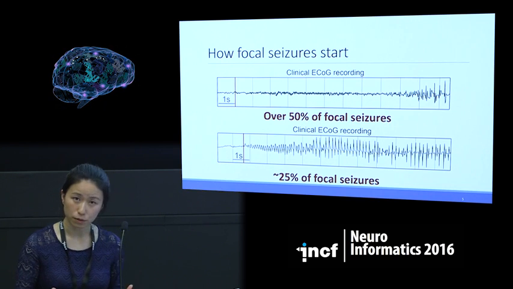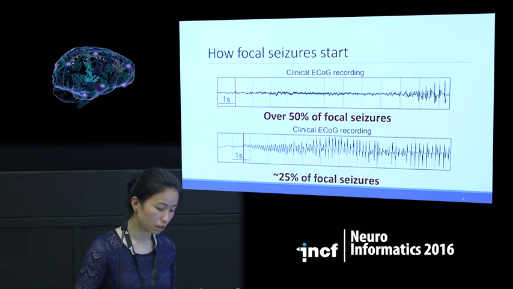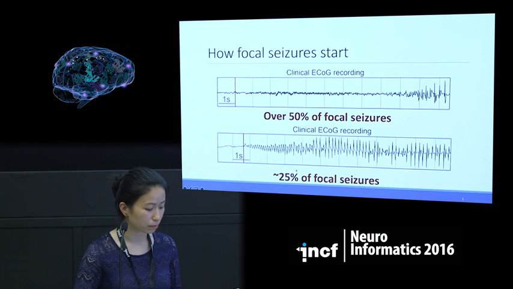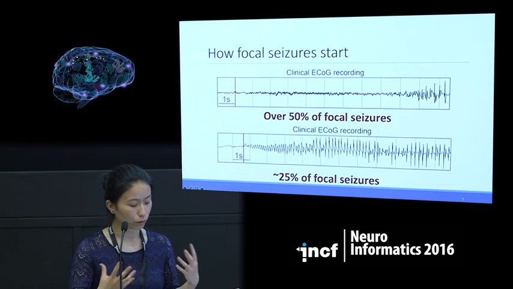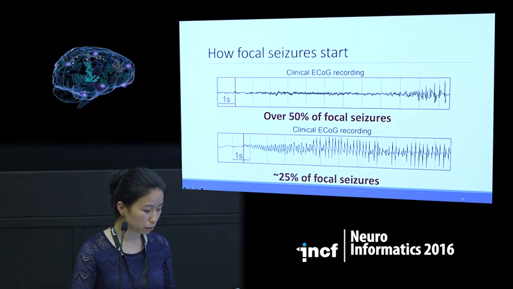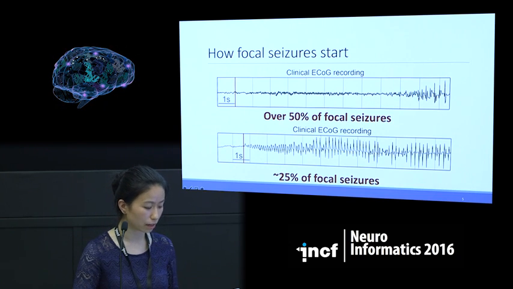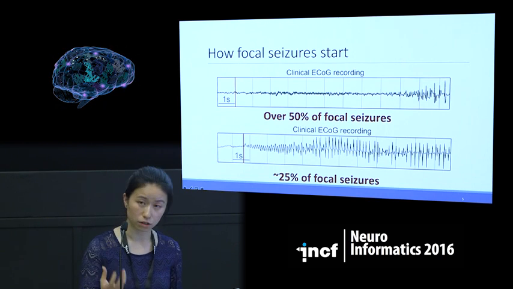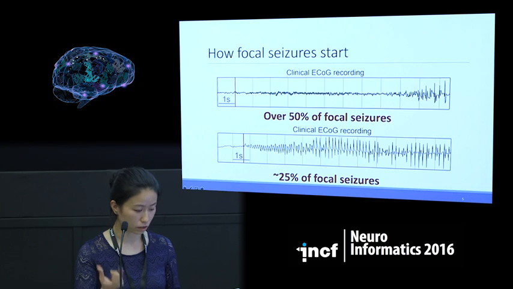But there are other types of onsets that you can observe, and I've broadly categorized them into what I call high amplitude, slower oscillations. So essentially the amplitude of onset is a lot higher than what we observe here. And the oscillatory nature, so the frequency of it, is slower.